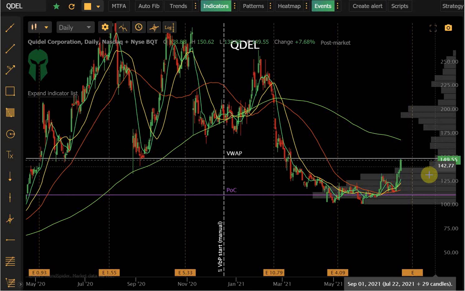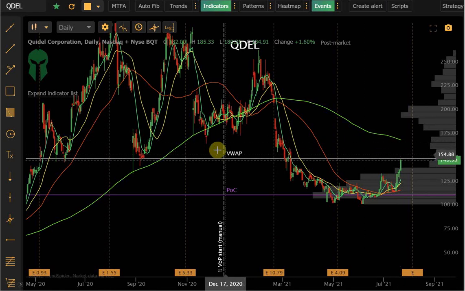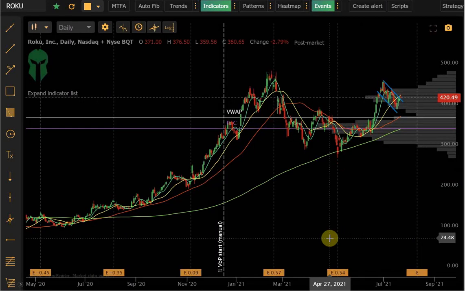Look at how hollow this is. This is a perfect shot to get to this. So what I would look for here to start, there's some other issues here, but what I would look to start is get me above this volume by price VWAP, and then I may be interested in a trade here. Because to me, it looks like it wants to go higher before earnings. Now, whether or not you stay in after earnings or before earnings is up to you.